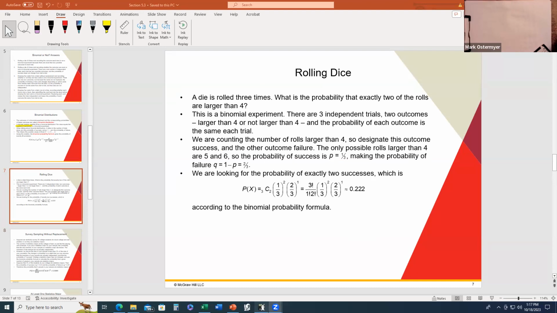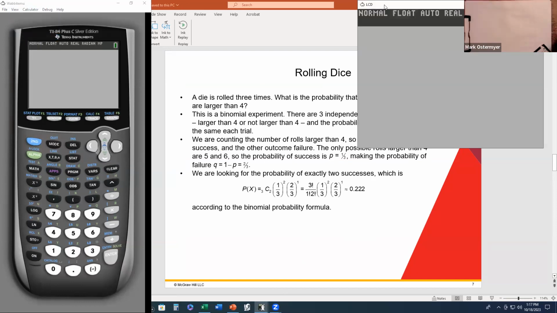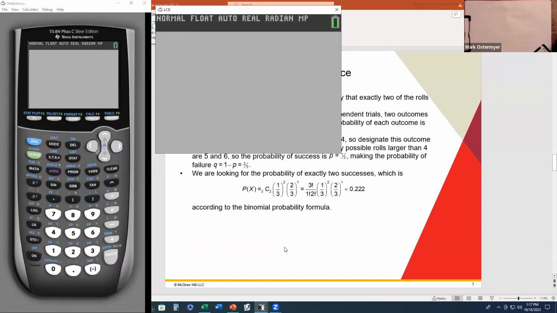All right, so how can we do this on our calculator? Well, let's bring up our machine here. I'm going to show you how to compute this binomial probability on your calculator now. So we're going to ultimately be using the binom PDF function to compute this probability.